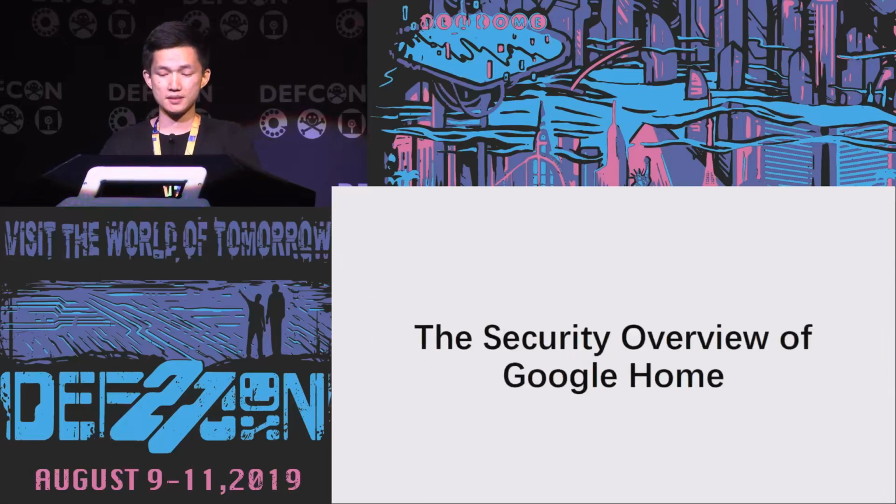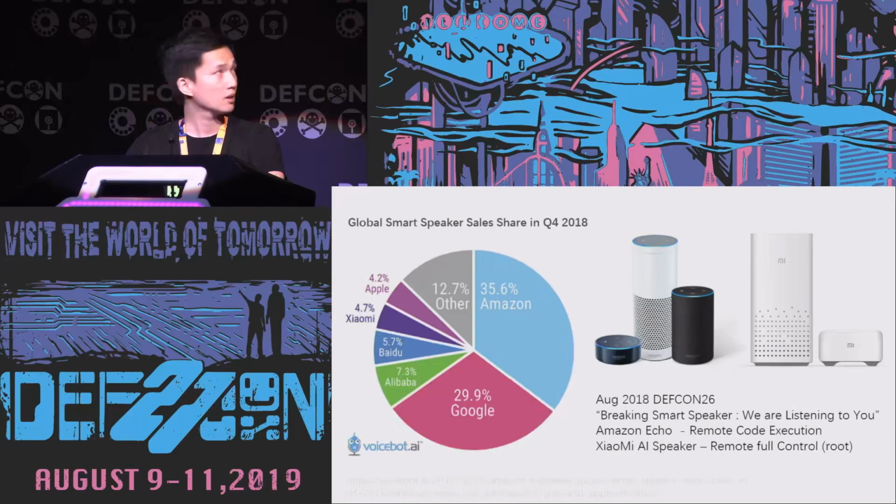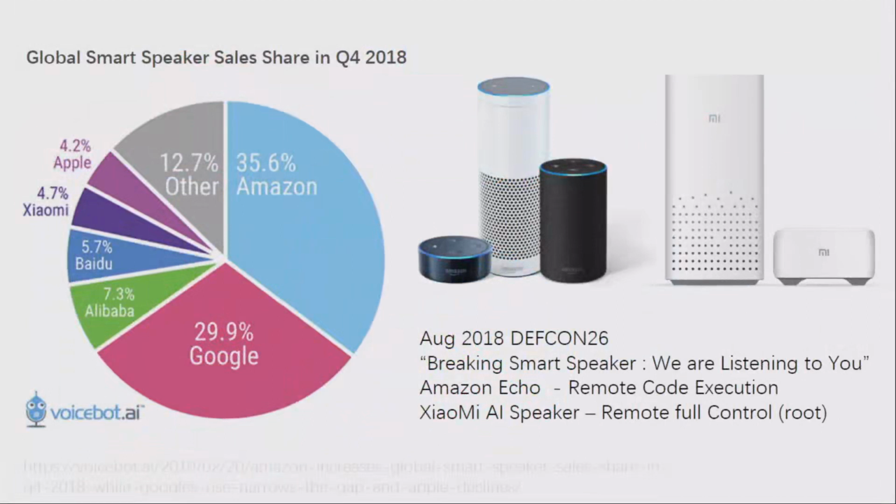Okay, let's start with the first part. Smart speakers are the most popular smart home devices of the past 3 years. Amazon, Google, and some Chinese companies are the main players in this field. In the fourth quarter of 2018, Amazon and Google's market share was very similar.